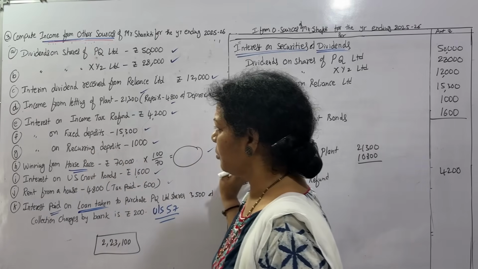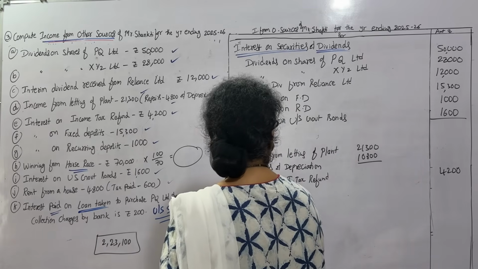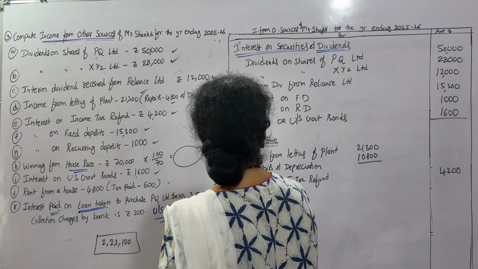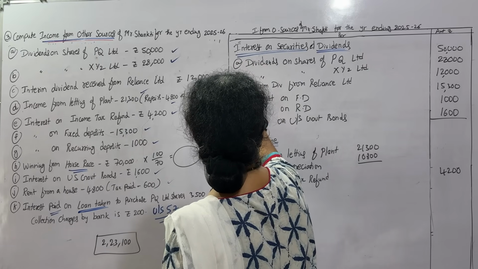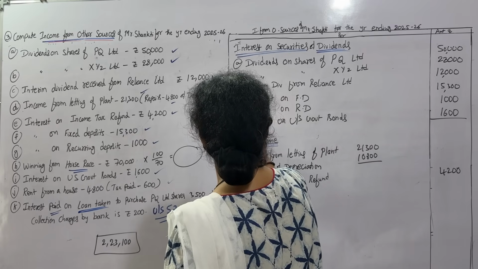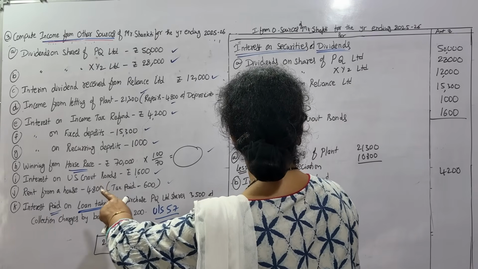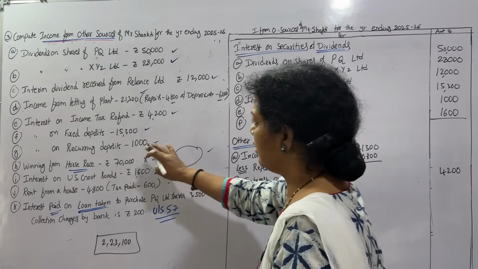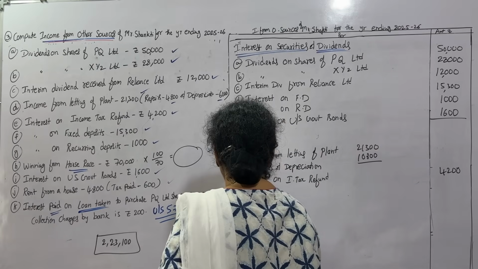Fixed deposit, RD, both we have taken. Next, winning from horse race. We can give like this also: A, B, C, D, E, F. Interest on income tax refund, 4,200 I have written. Next, what else? Winning from horse race.